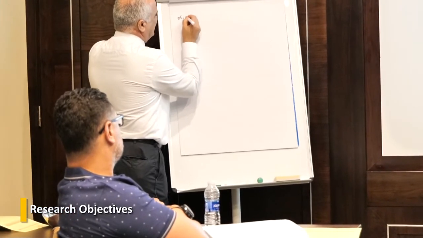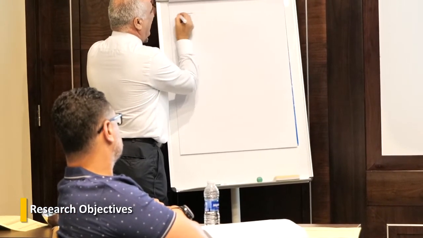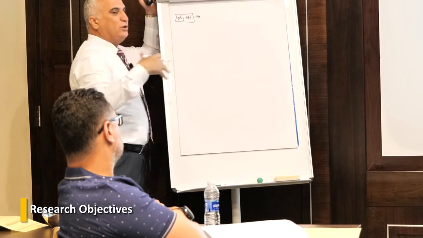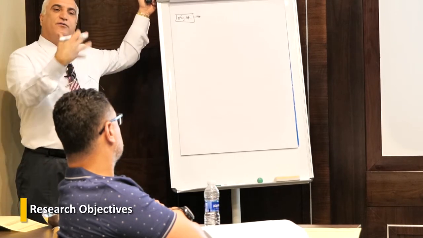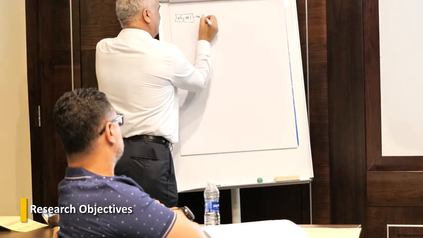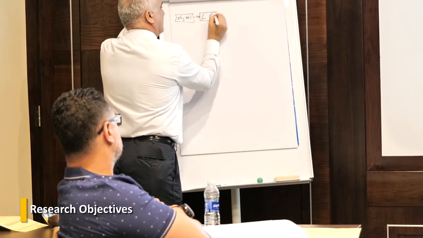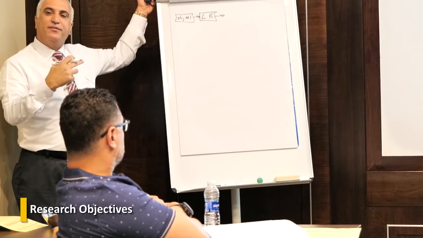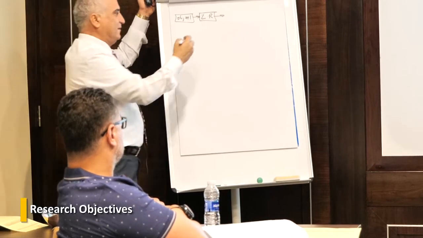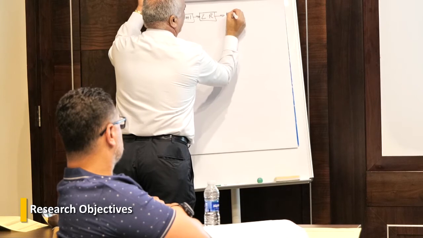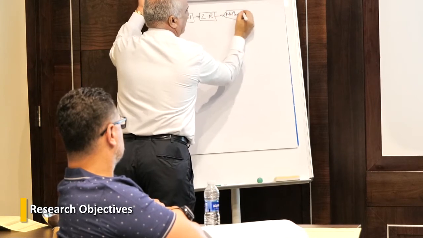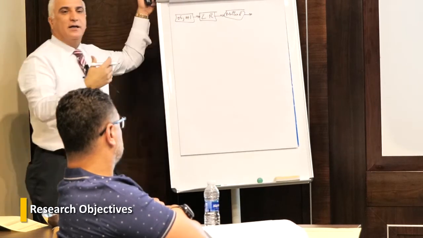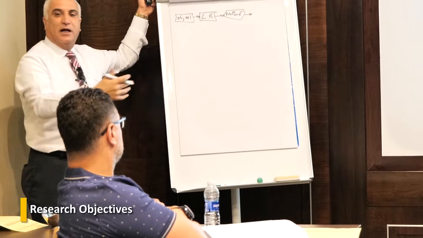I say, what will be the literature review for this objective? Then I say, what will be the methods to achieve this objective? Then I say, okay, I have done the methods, what will be the results?